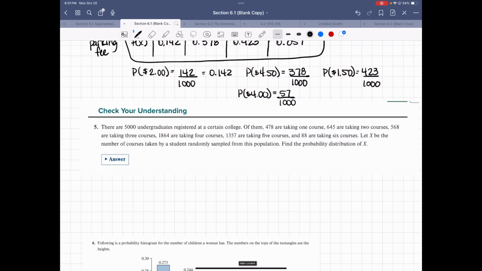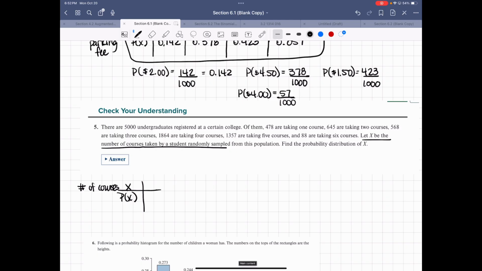Okay, so we're making our table. I've got X, I've got P of X, and this time it says let X be the number of courses taken by a student. So this is number of courses. Guys, if you'll just make that little side note yourself on there, that does help make the table make more sense because you can kind of talk it back to yourself.